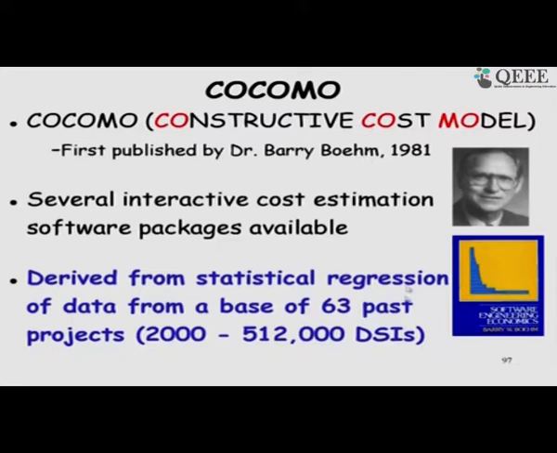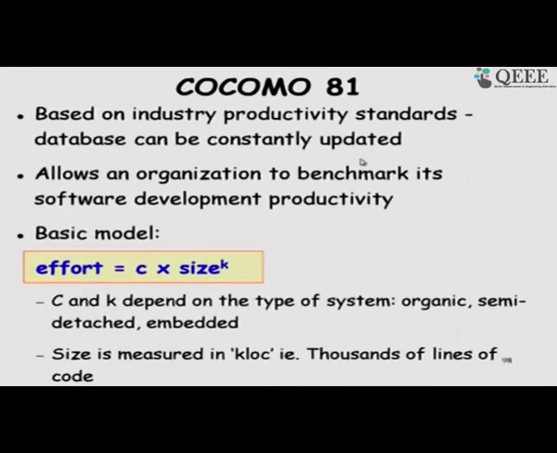He could then compute the effort, duration and cost. The basic model is that effort is given as an exponential on size and a multiplier. The values of C and K vary depending on what type of software you are developing, a very simple formula.